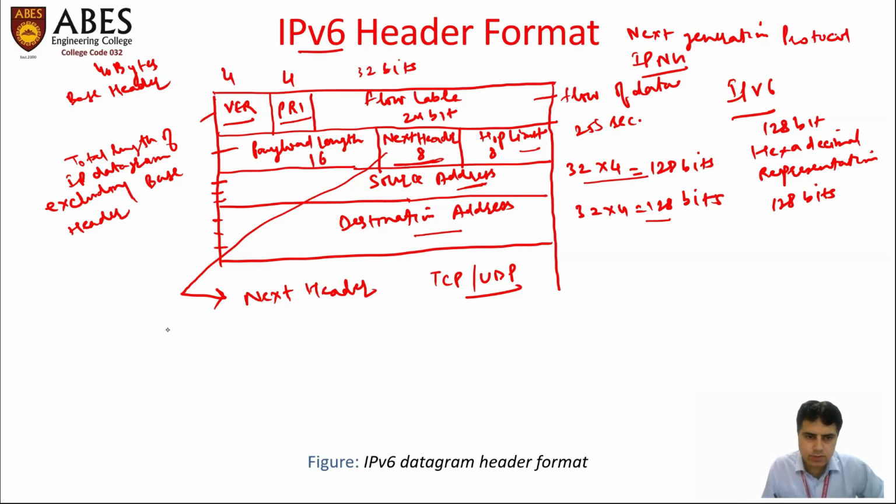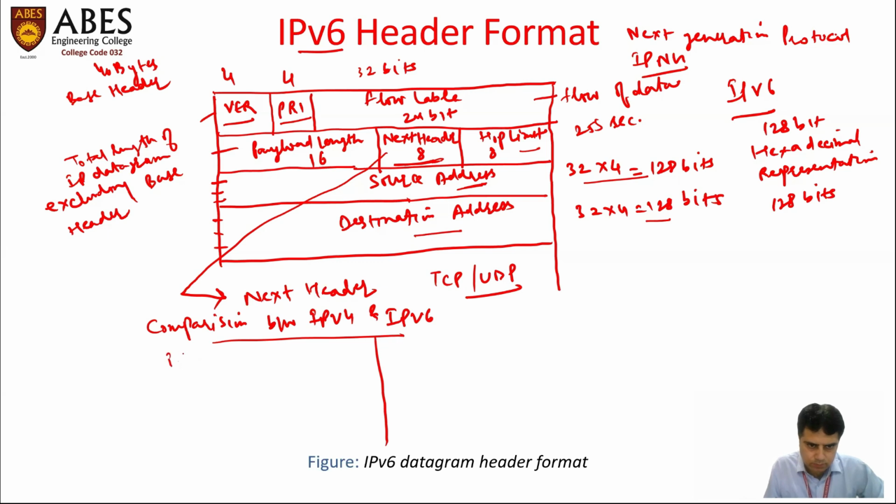Now here comes one important question. What is the comparison between IPv4 and IPv6? First comparison: IPv4 is a 32-bit address and IPv6 is a 128-bit address.